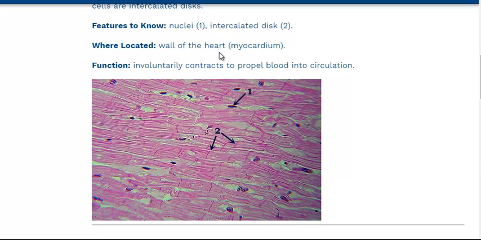So it's involuntary. So even though it's striated, even though it has stripes, it's involuntary. But again, you can take over the heart. If your heart's beating too hard, you can actually talk to it and say, all right, calm down, take some deep breaths. You don't need to be beating that hard. And you can actually watch your heartbeat lower if you just do calming talking to it.